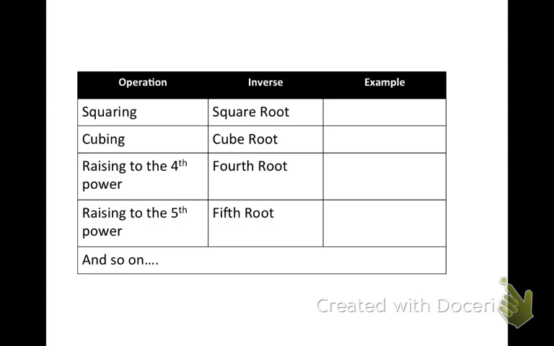And there really is no term for a fourthing or a fifthing. Don't say that because it's not proper. So we just say raising to the 4th power, raising to the 5th power, and so forth. Raising to the 6th power, raising to the 7th power, raising to the 8th. However high we want it to go.